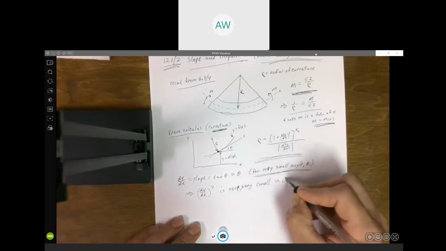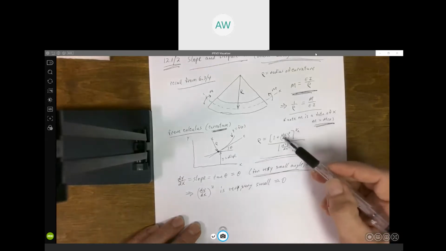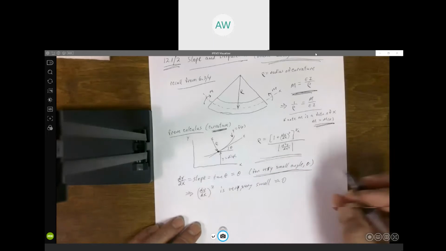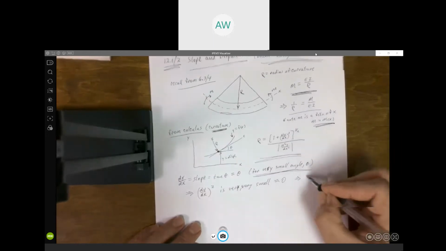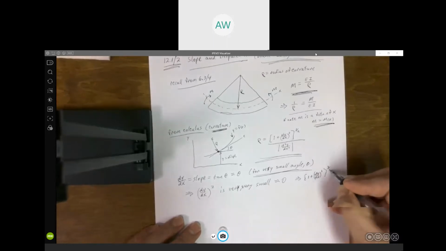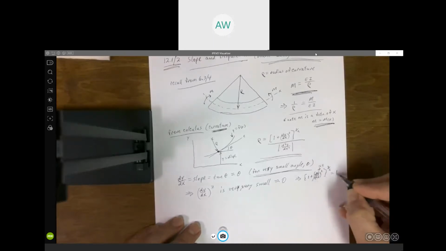Essentially, we're going to neglect that. So if that dy/dx squared in the numerator is essentially 0, well, 1 to the 3/2 power is just 1. So that numerator is equal to 1.